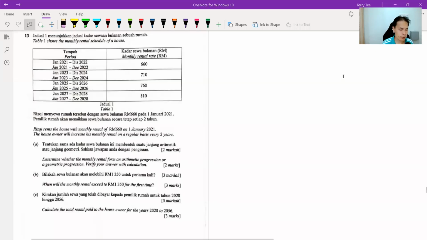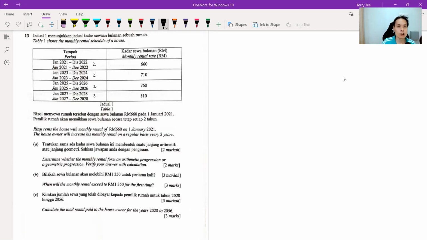Okay, let's move on to question number 13. It's a very interesting question. I must say it's a bit challenging. Table 1 shows the monthly rental schedule. The rental period is 2 years, January 2021 to December 2022, then January 2023 to December 2024 is another 2 years, then January 2025 to December 2026, and January 2027 to December 2028 is another 2 years.